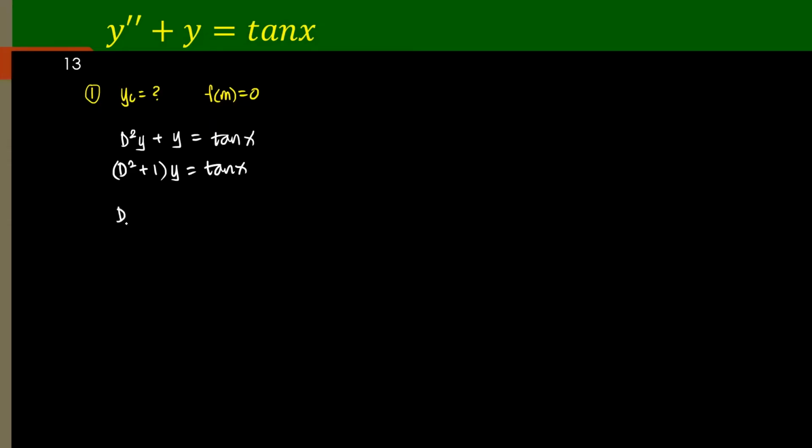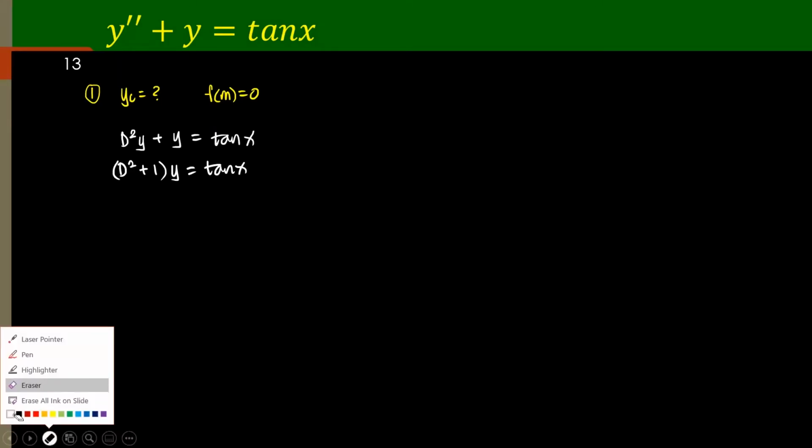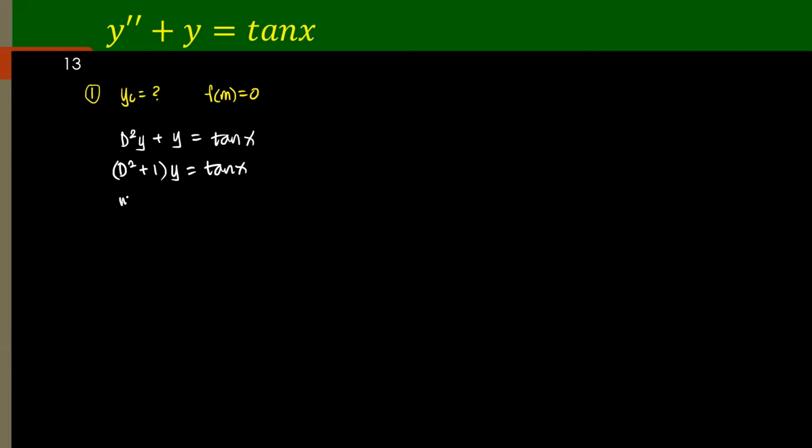We would want to make it f of m. Isn't it that this one could be written as m squared plus 1 is equal to tangent of x? But we would want f of m to be 0. So here, m squared plus 1 is equal to 0.